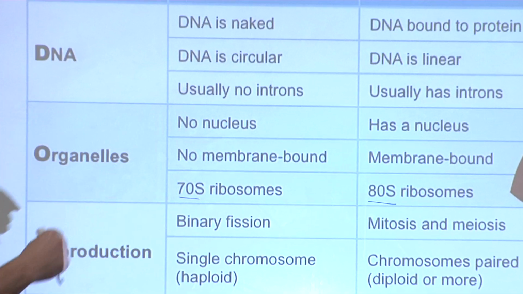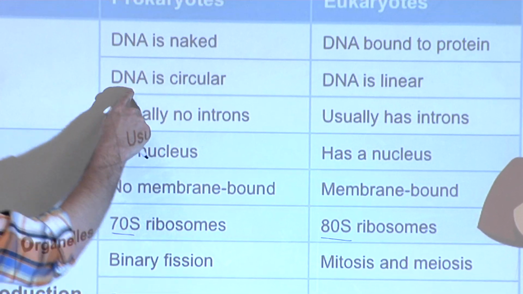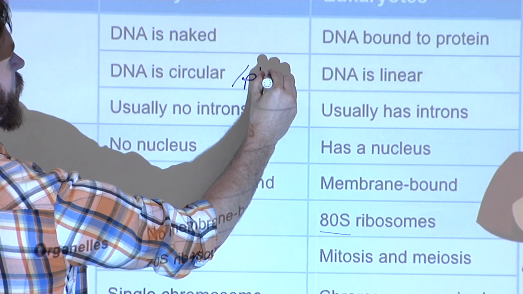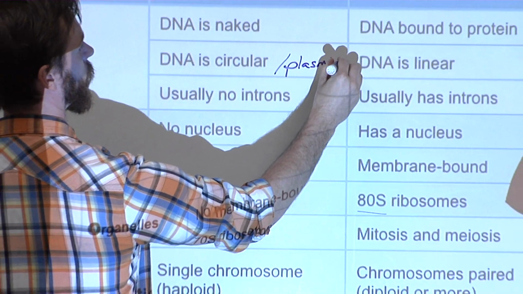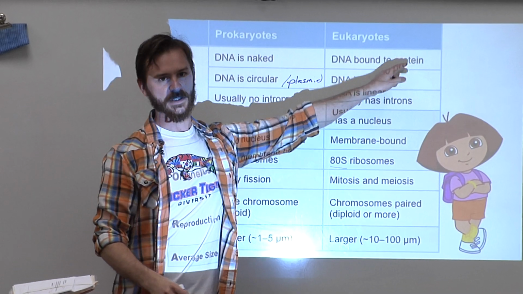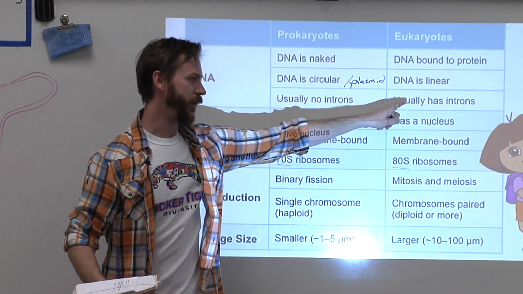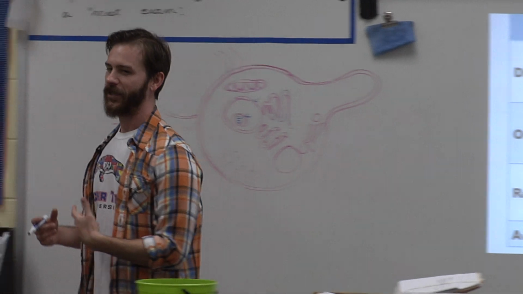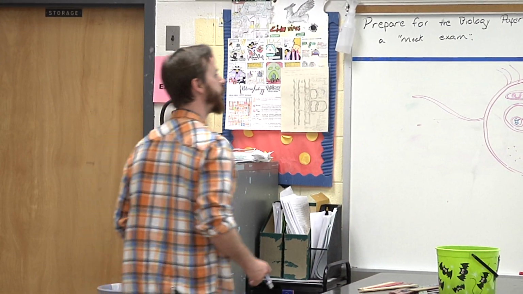Here, the DNA we said is free-floating or naked. Circular is referring to that plasmid that I was talking about. In eukaryotes, DNA is linear and it's associated with histones. That's what the protein is. Remember, for eukaryotes, the DNA can have introns or exons, or coding regions versus non-coding or regulatory regions, right? And that's not so much the case for prokaryotes.